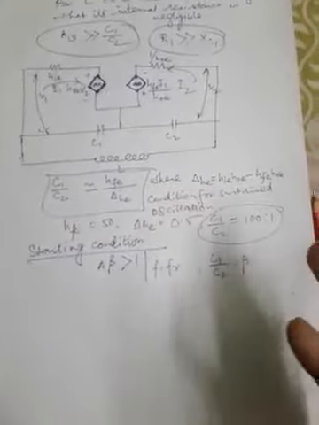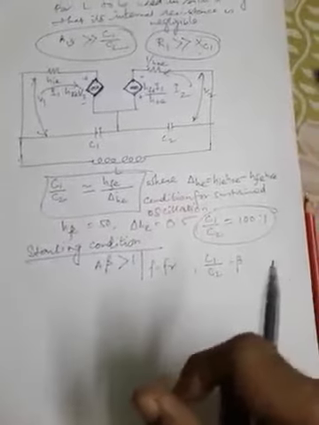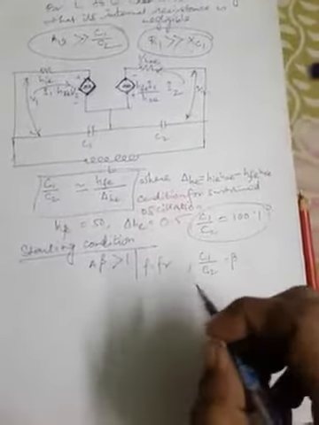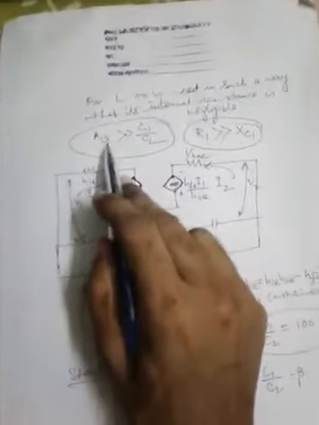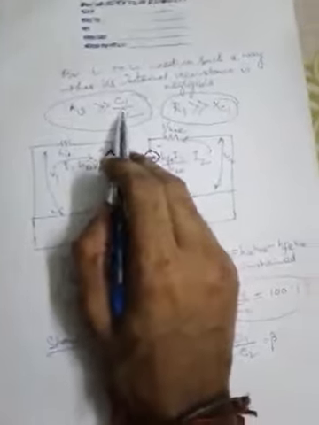Now, for the oscillator to start its oscillation, the minimum voltage gain, as we have seen a little while earlier, Av should be far greater than C1 by C2.